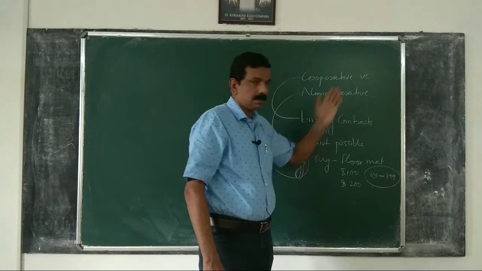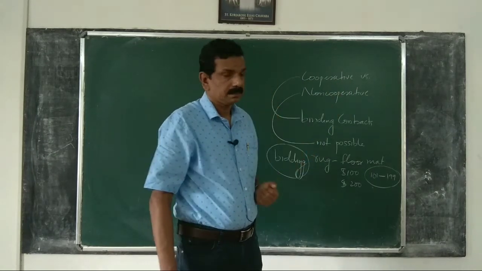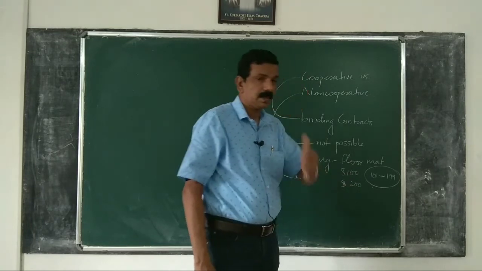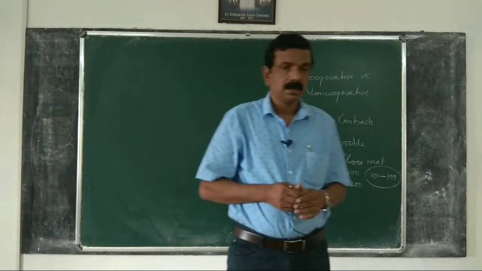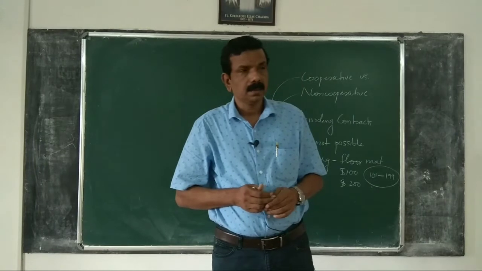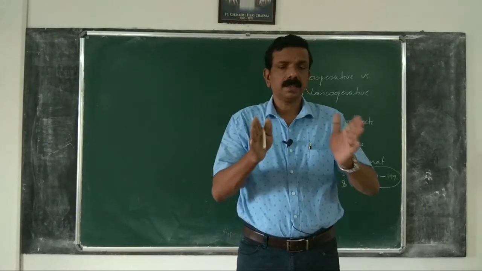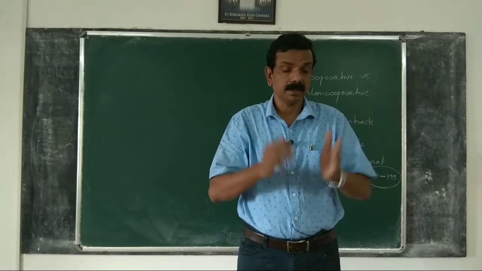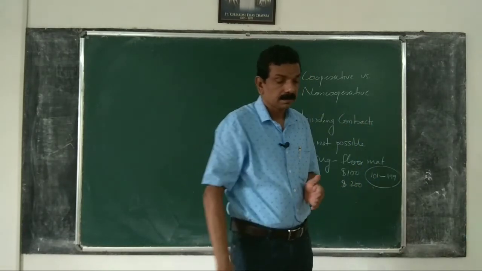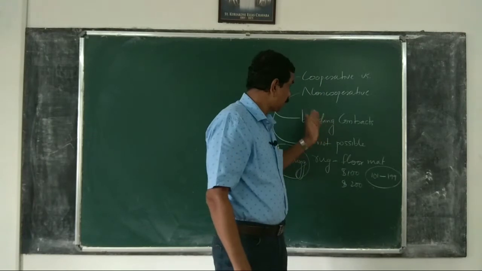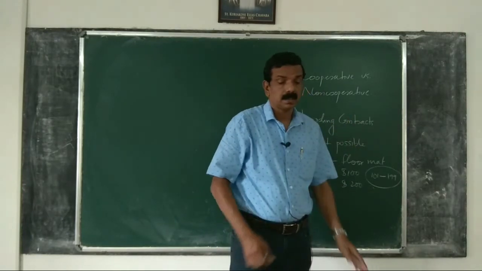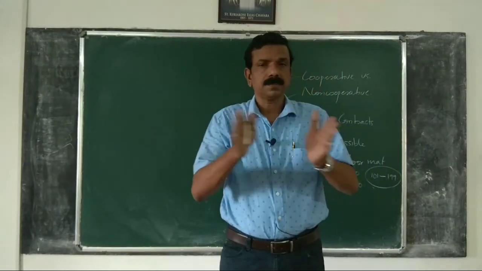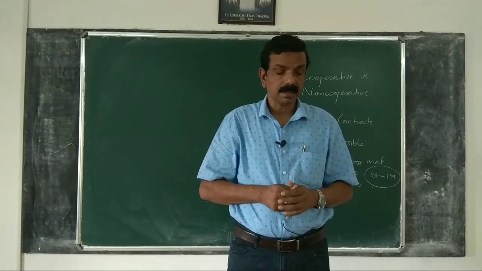Joint venture is an example of a cooperative game. A price negotiation between a buyer and a seller is a non-cooperative game. Remember this, the fundamental difference between cooperative versus non-cooperative game is whether contracting possibilities are available or not. Cooperation is possible if binding contracts are possible.